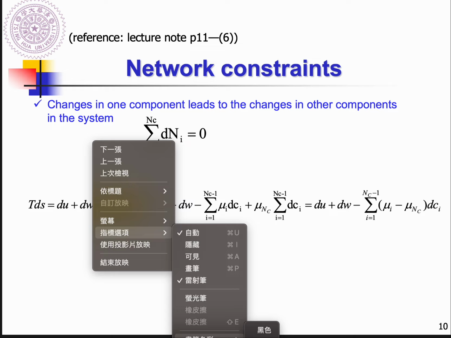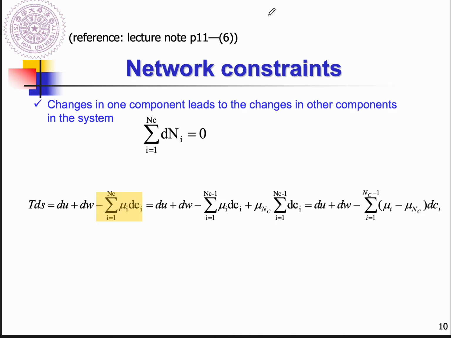If we have a chemical reaction, for example A2 plus B2 gives 2AB, this is another example where you can use the network constraint.